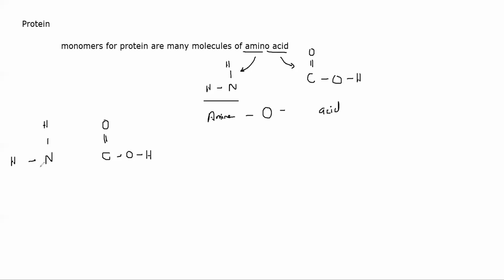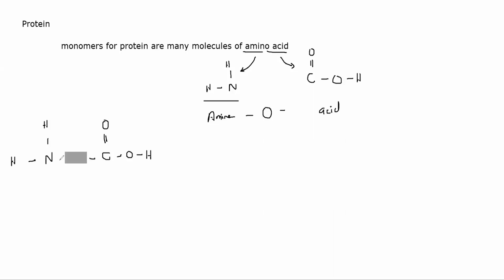Between them, the two functional groups are linked by a carbon chain. So between them, there are carbon atoms. But instead of drawing these carbon atoms, we can use a symbolic representation. I can use any symbol. For example, I use a box.